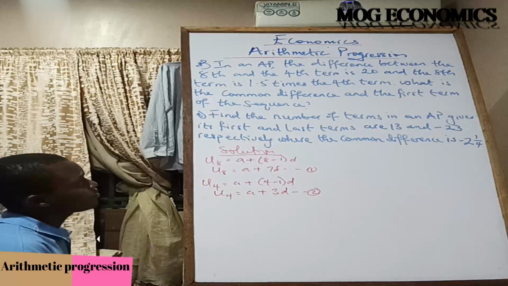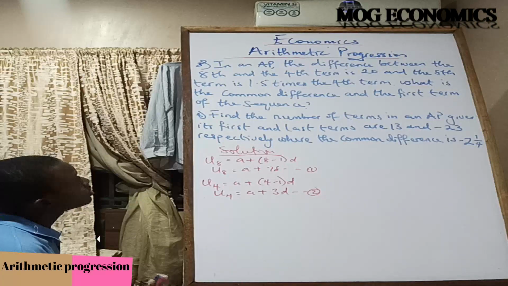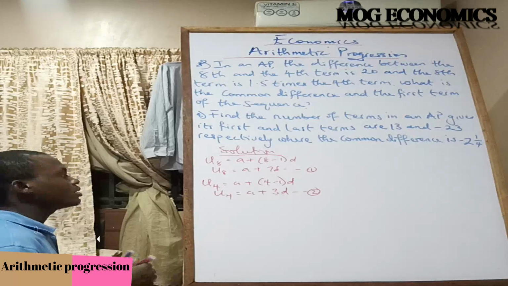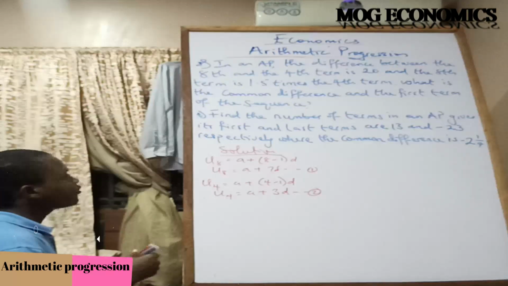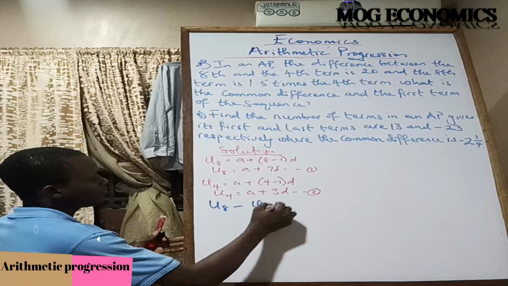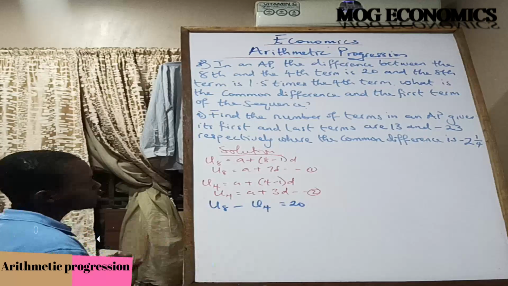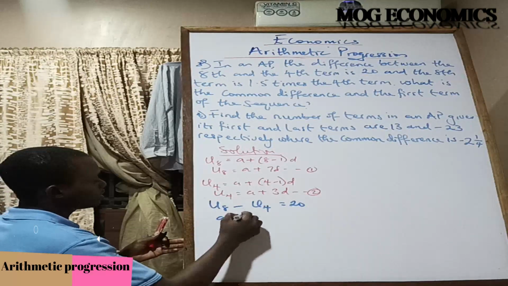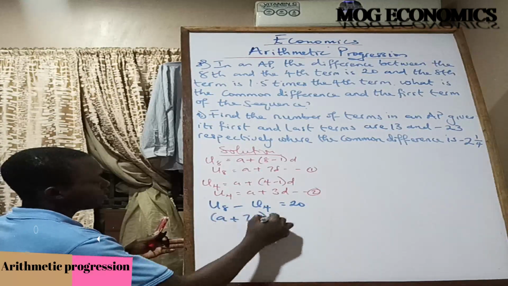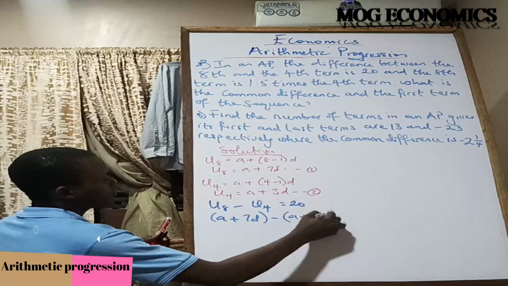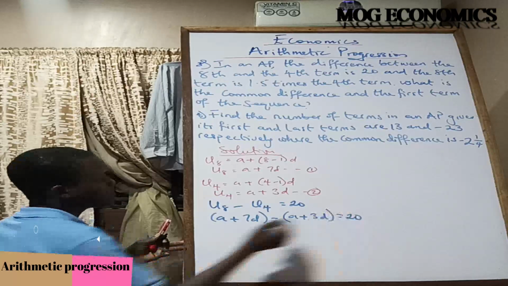But I think there's another piece of information that helps us know which is the bigger one. It says the eighth term is 1.5 times the fourth term. So for this one, it is u8 minus u4, the eighth term minus the fourth term, that is 20. So how do we go about that? Eighth term is a plus 7d, minus the fourth term, a plus 3d, equals 20.